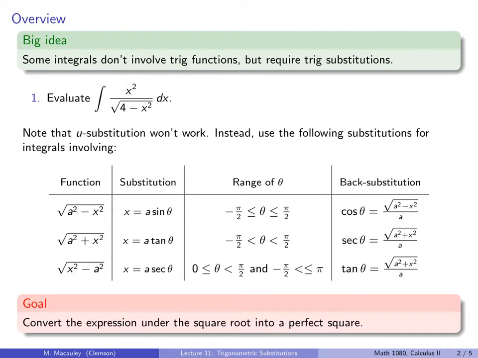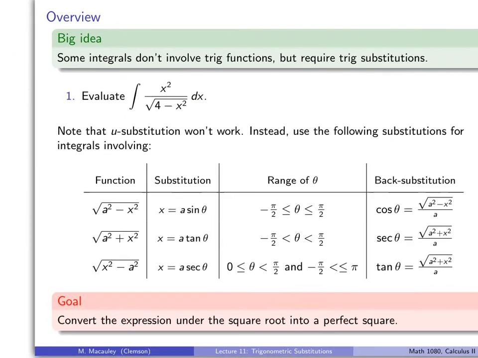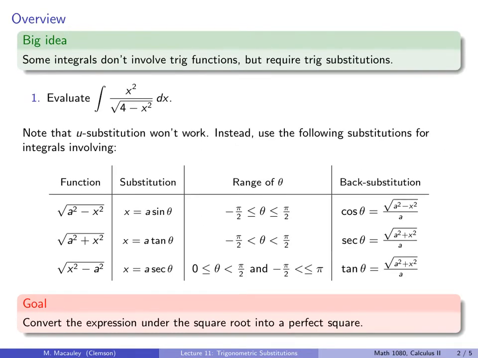Okay, so let me try to motivate this first. Let's say that the goal is to convert the expression under the square root, this a squared minus x squared, into a perfect square so you can take the square root easily.